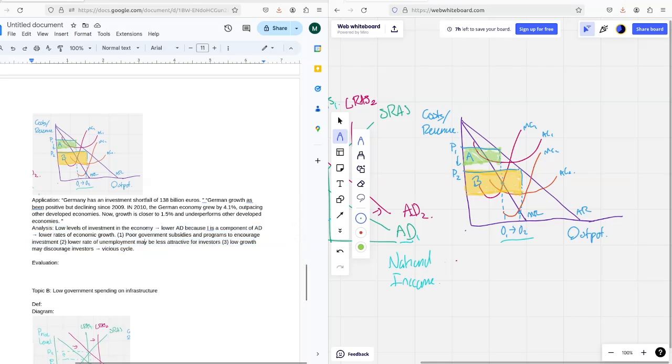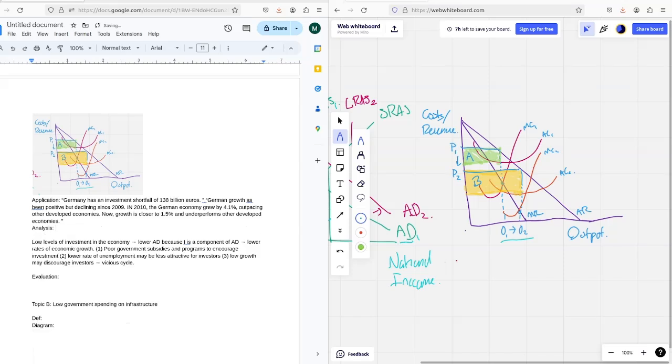I realize the way I've written this now is quite macro focused. So maybe if I'm doing this diagram, I talk about how we're driving down costs for businesses, so higher rates of investment. So low rates of investment mean low improvements in technology.